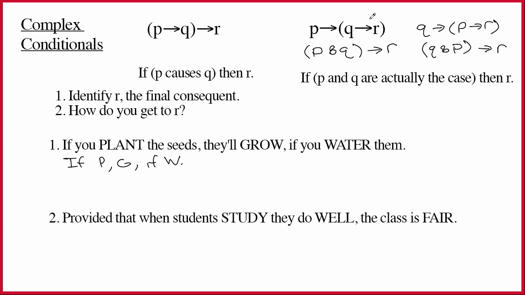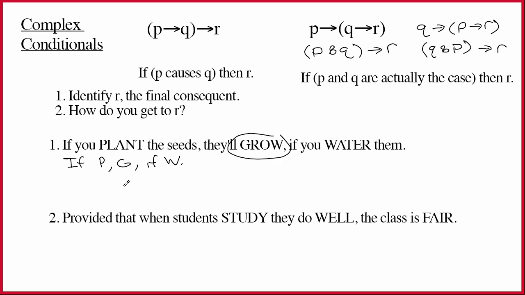The R part is the final consequent. What is the R part of this sentence? If you plant the seeds, they'll grow if you water them. Do you recognize that in thinking intuitively, it is the growing which is the final result that the sentence is referring to? So the growing is the R part, the final consequent.